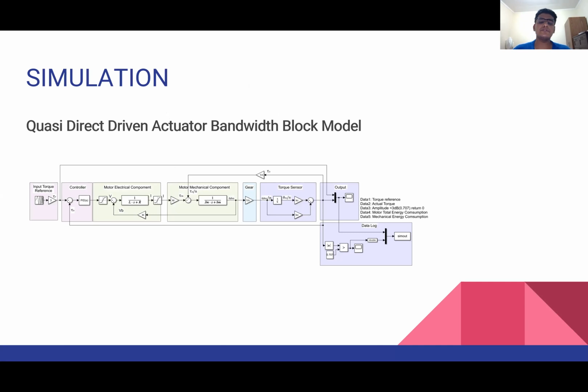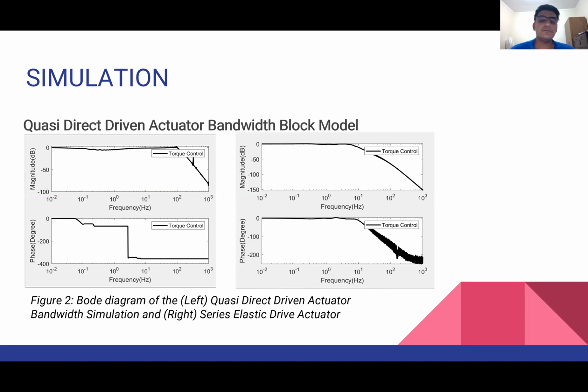Now we're going to move into the simulation part of the project. This is the bandwidth block model. We already showed the mathematical block model. Now this is the block model that we used in MATLAB Simulink. And these are the two block diagrams we got for SEA and also the QDD actuators.